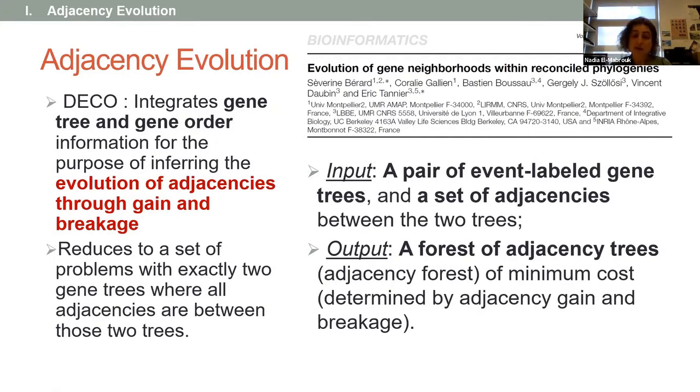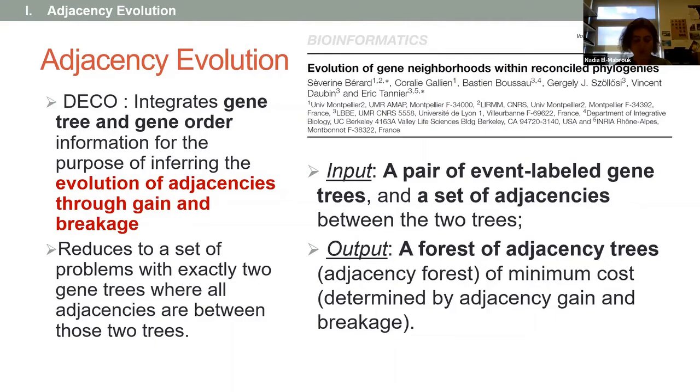Okay, so as we have just seen, reconciliations consider each gene family independently. So a first approach towards integrating the dependency information between genes is to account for gene adjacency. So the first effort to integrate gene order is to account for the adjacencies of two genes.